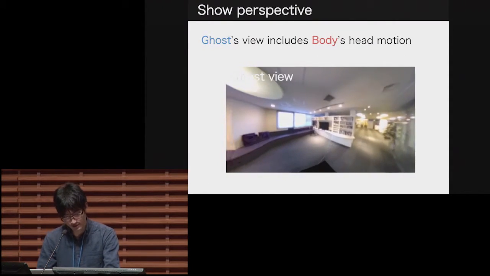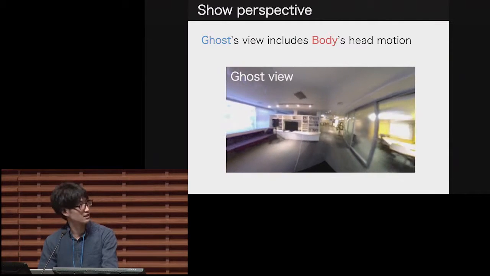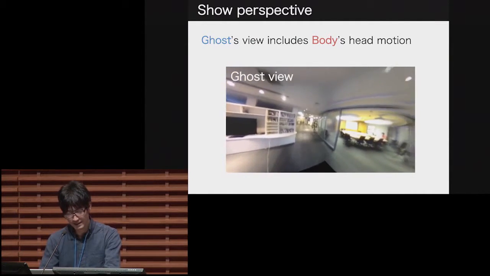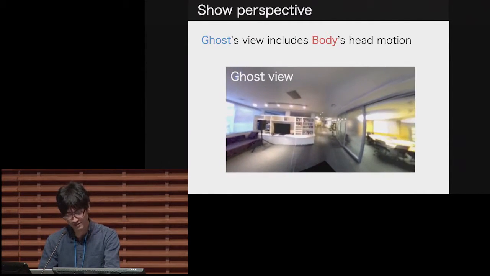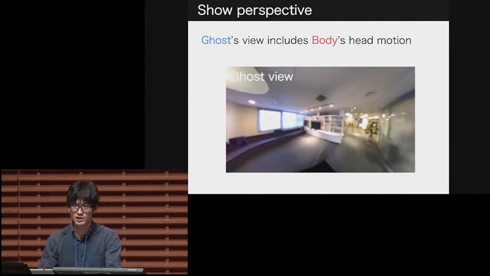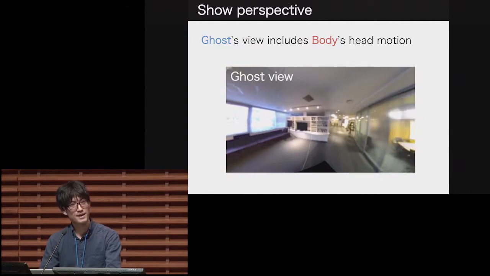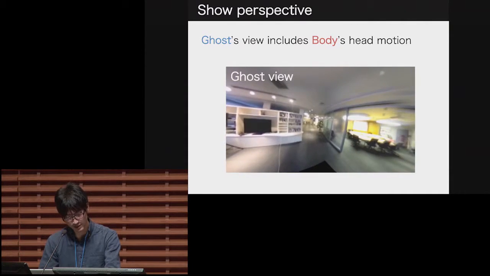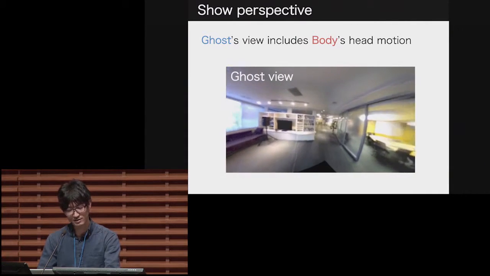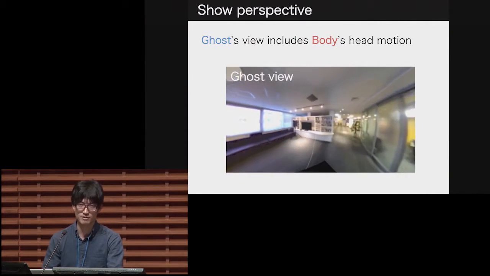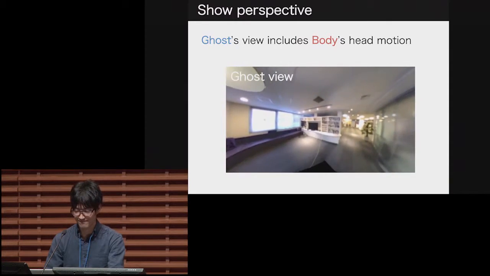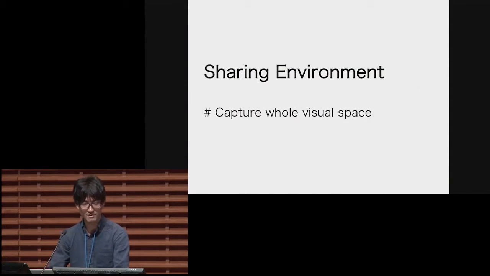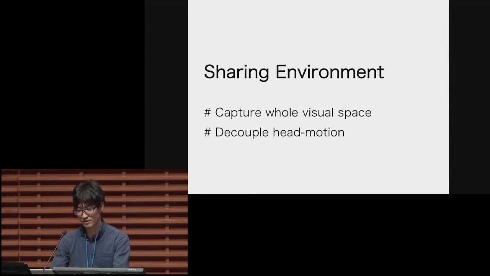So this is the view shown to the ghost user so far. And here, the view still includes the body user's head motion. This makes it difficult to observe the environment and causes some problems in remote collaboration. So here, LiveSphere decouples the body's head motion from the ghost's view.